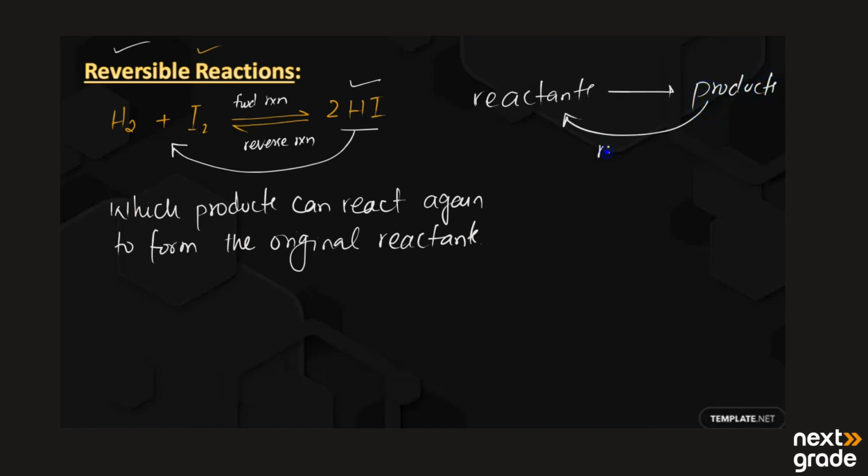A reversible reaction is always shown with a double arrow, where one direction is for the forward reaction and the other is for the reverse reaction. So this is a simple overview of the reversible reaction.